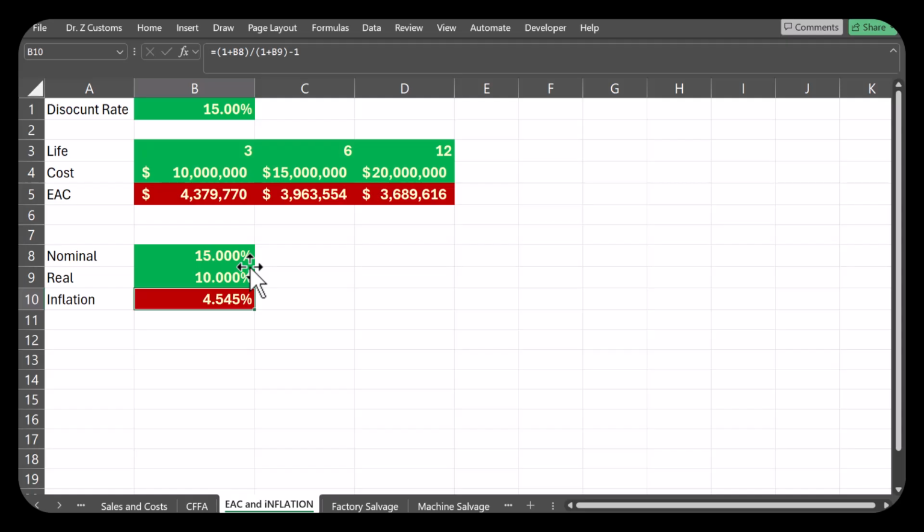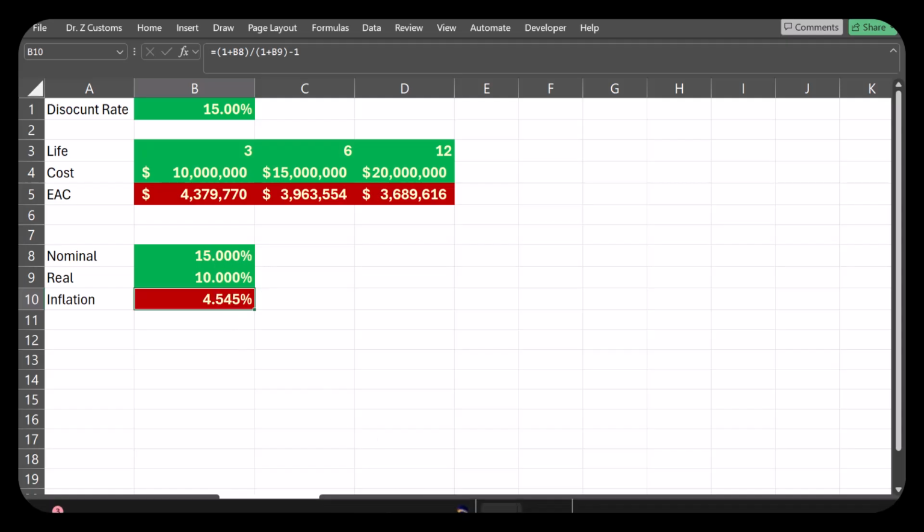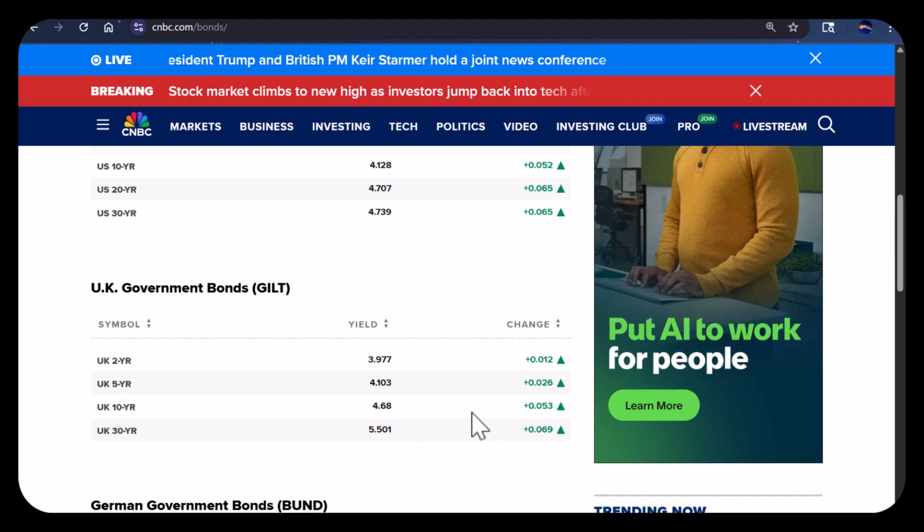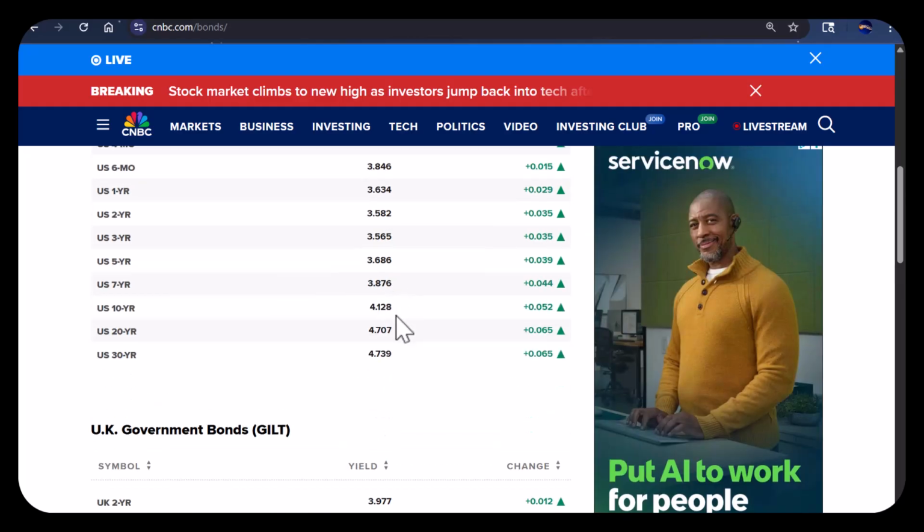And we can get those numbers from market instruments. We have the treasury bonds, right? Currently, the yield on 10 years US Treasuries is 4.13 or so.